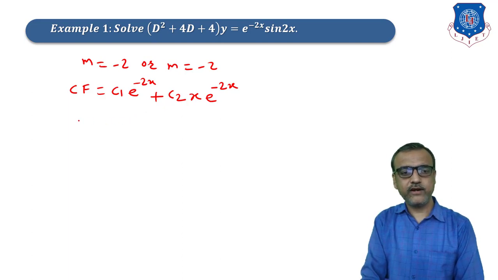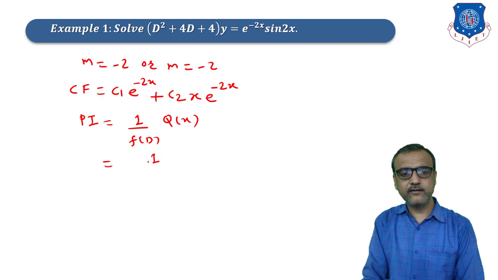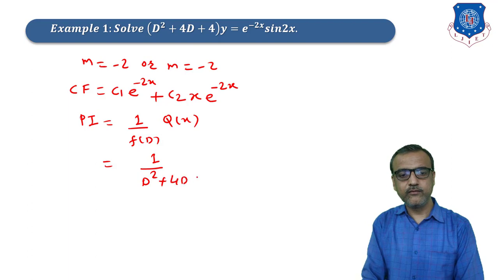Now we will find out PI, which is given by the formula 1 over f of D Q of x, and this equals 1 over f of D, that is D square plus 4D plus 4, and Q of x is e raised to minus 2x sine 2x.